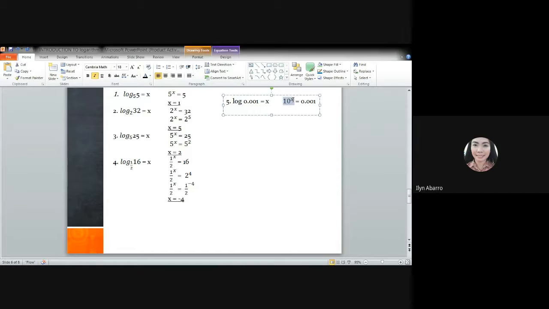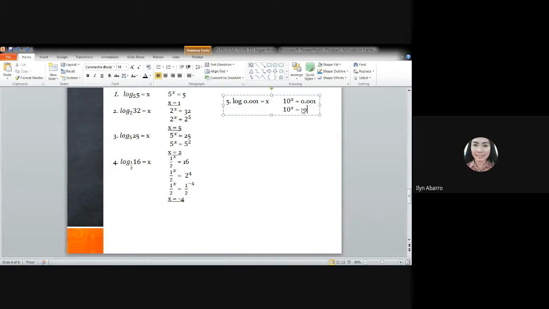So, 10 raised to x is equal to 0.001 which, pag ginawa natin siyang fraction, that is 1/1000.